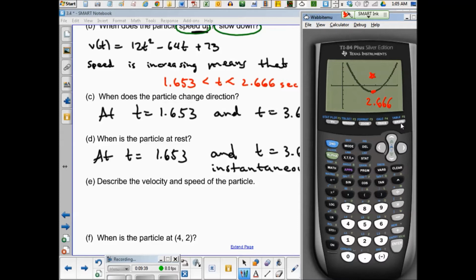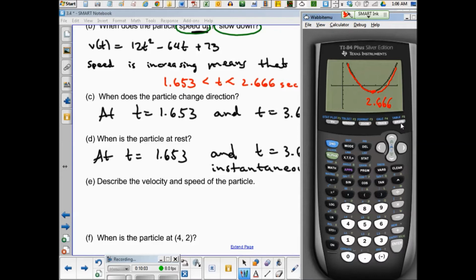It was actually up here a minute ago, right? So I'm not going to recalculate it. I already know. Okay, so let's talk about the velocity. So the velocity was decreasing, so we're taking this very literally now. The velocity is simply decreasing until t equals 2.666 seconds, and increasing after that.